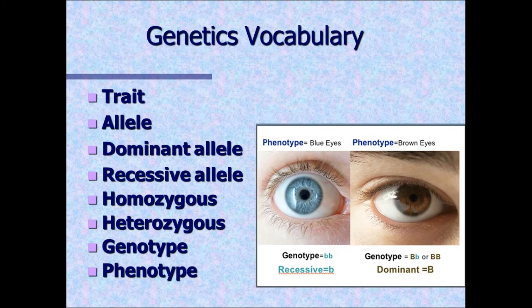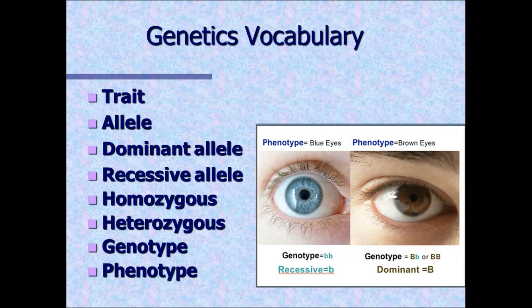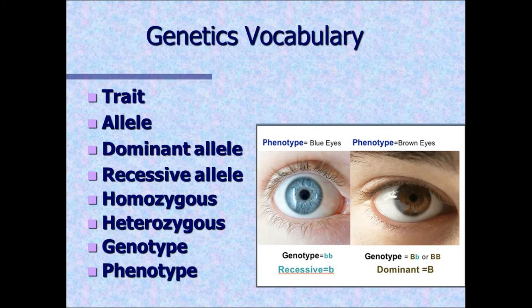Heterozygous means both alleles in the organism are different. Again, each parent contributed one of the alleles, and it will be written as one capital and one lowercase letter. In this case, heterozygous means that you have a dominant allele, and so you will see that dominant trait.